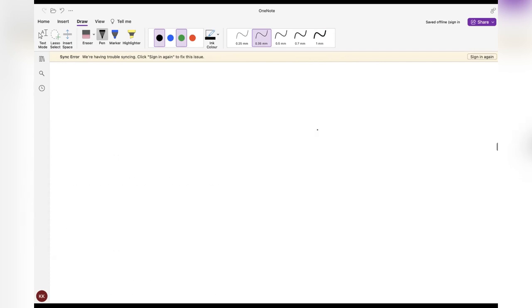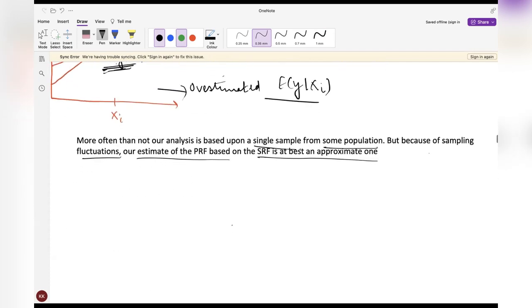Now, as we have seen, our SRF is an approximation of the PRF. So we want an SRF such that it is as close as possible to the PRF.